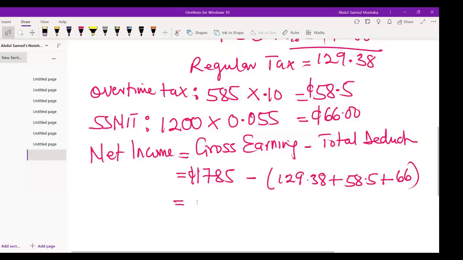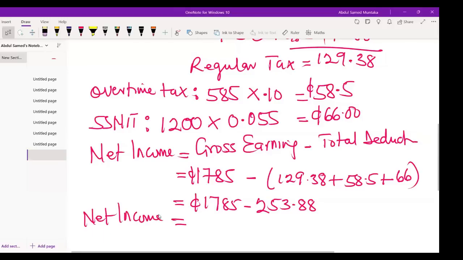This will be 1,785 minus, add that side for me. 253.88. What will we get as her net income? 1,531.